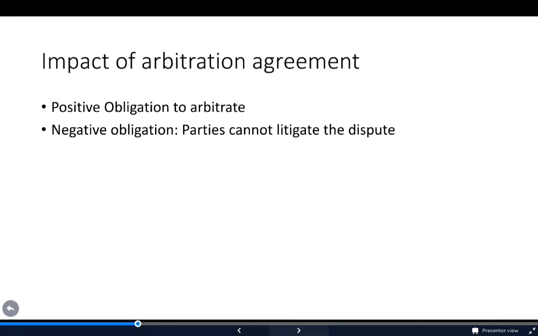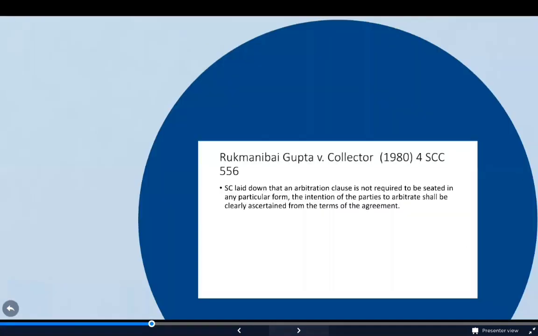So there exists a positive obligation to arbitrate any dispute, and they cannot go to the courts. You opt out of the court and move inside the arbitration regime. So that's the impact of an arbitration agreement.